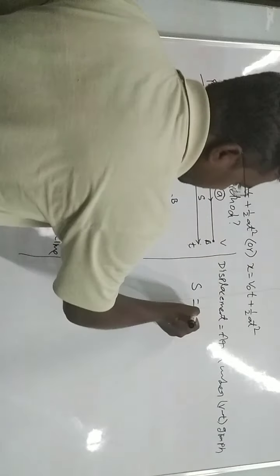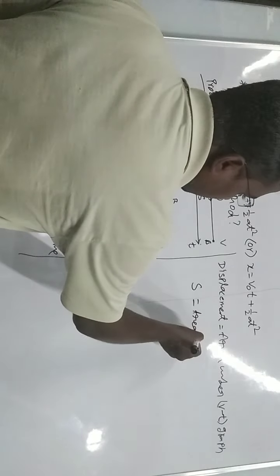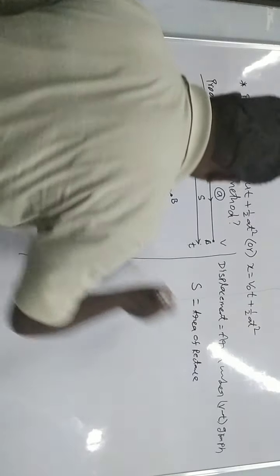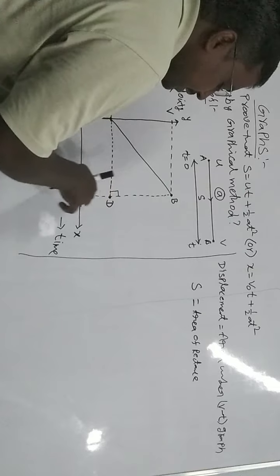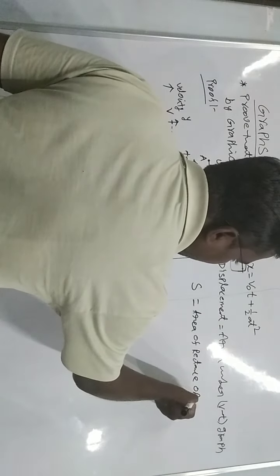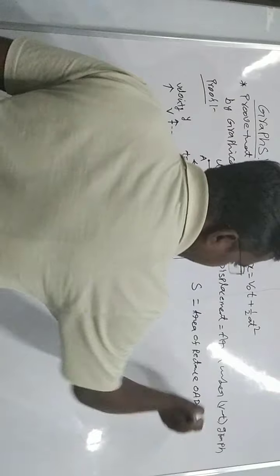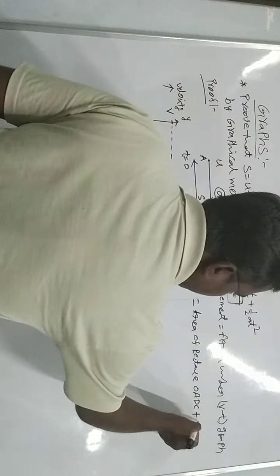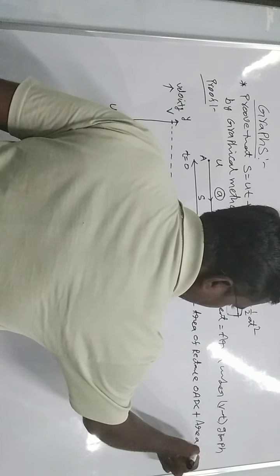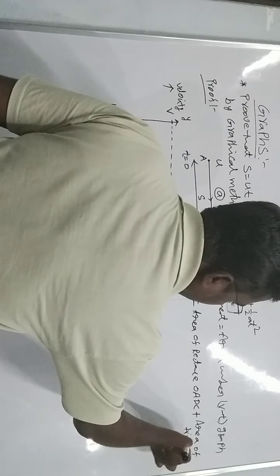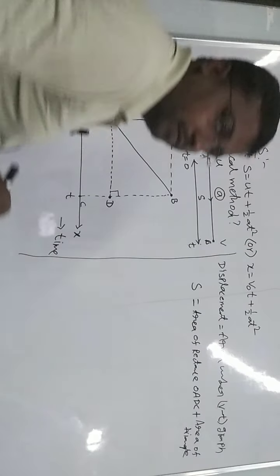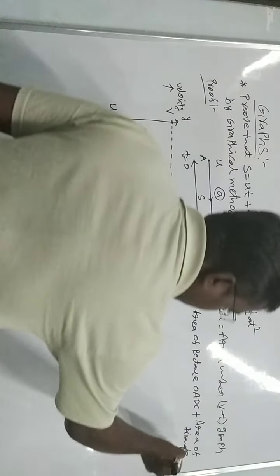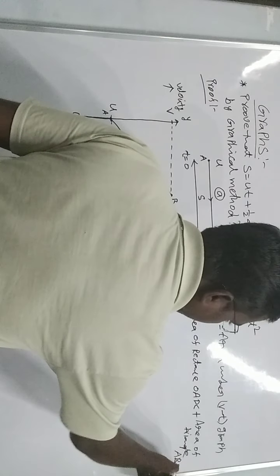So we write the area of rectangle OADC plus the area of triangle ABD.